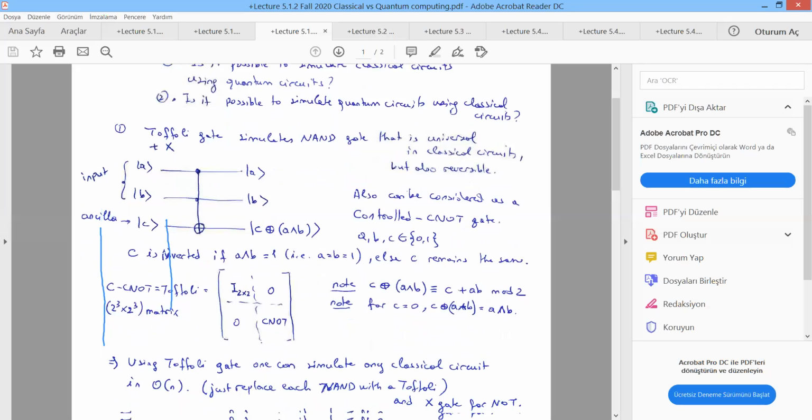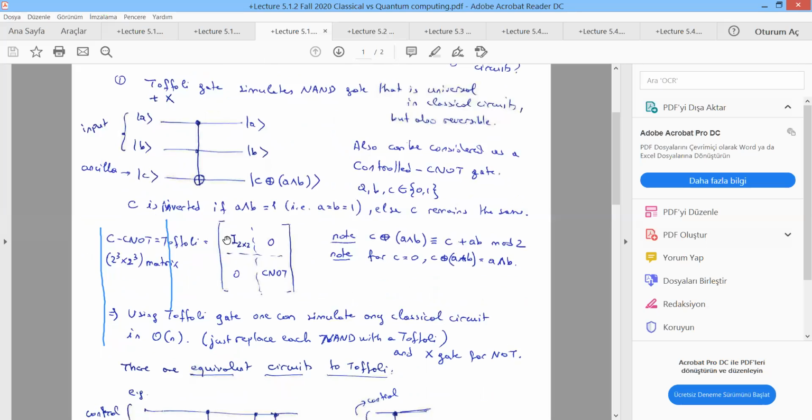And this is the unitary matrix that corresponds to the controlled CNOT, the Toffoli gate. Since it's a 3-qubit operator, it has to be a 2 to the 3 by 2 to the 3 matrix, an 8 by 8 matrix. You have an identity operator in the upper quadrant, and then 0 in the off-diagonal terms, and a CNOT.